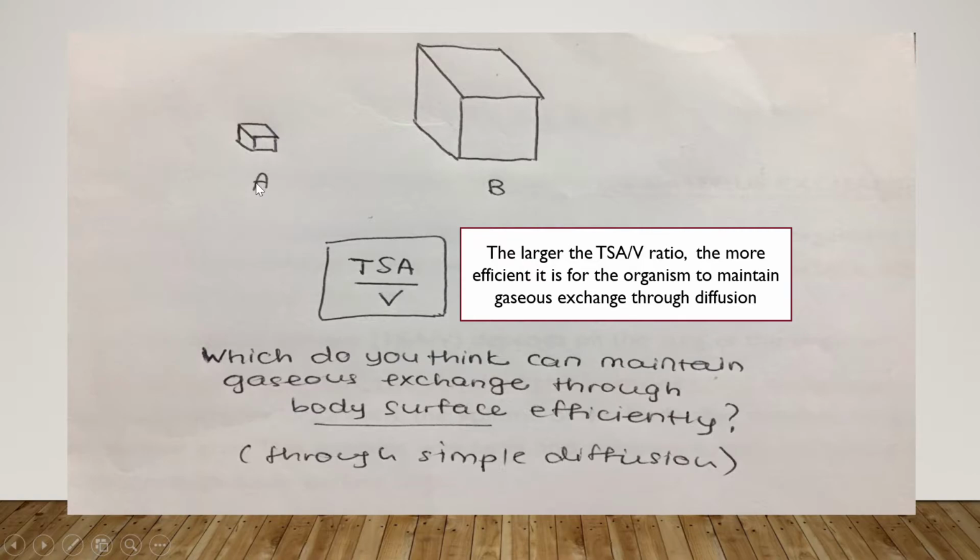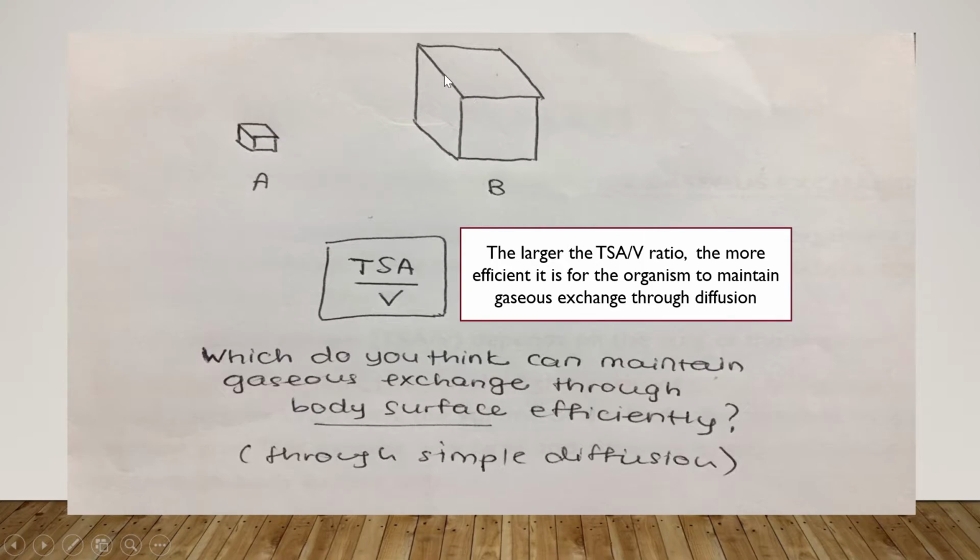So which one is it, A or B? Which one can maintain gaseous exchange through the body surface efficiently? Do you get the point?